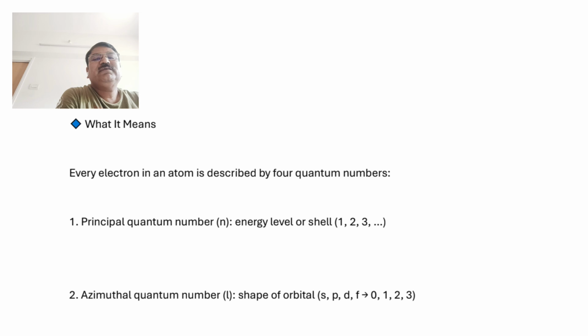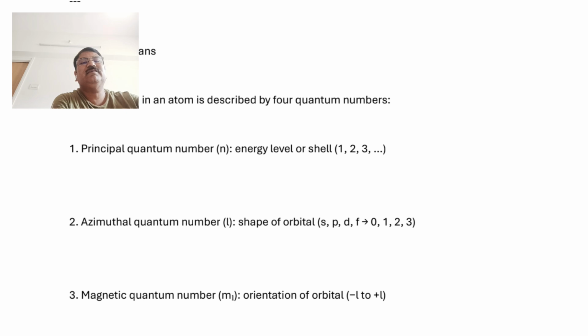Every electron in an atom is described by four quantum numbers. Which are these four? First one is the principal quantum number denoted by n, and its energy levels may be 1, 2, 3. This is the first explanation of an electron, that is energy level or shell 1, 2, 3, etc.